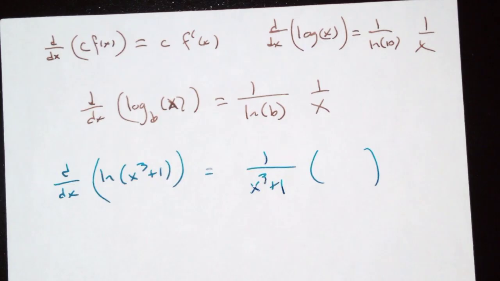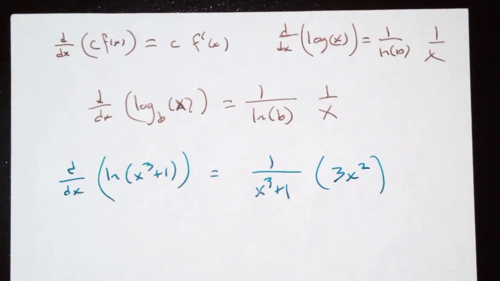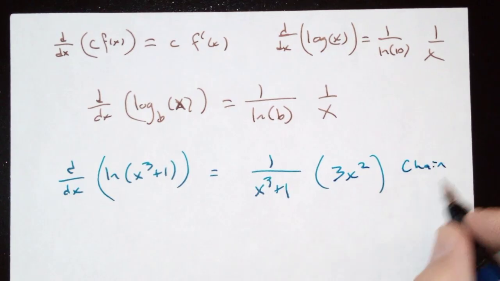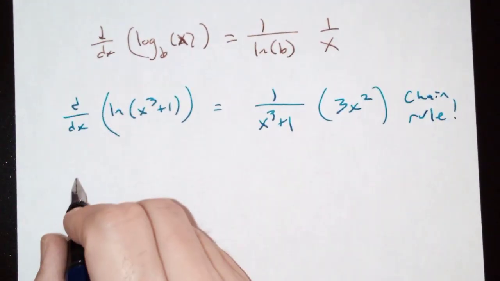The derivative of the stuff, which in this case is a 3x squared.